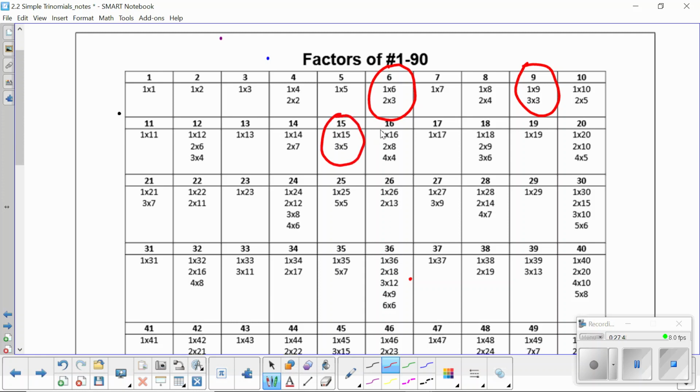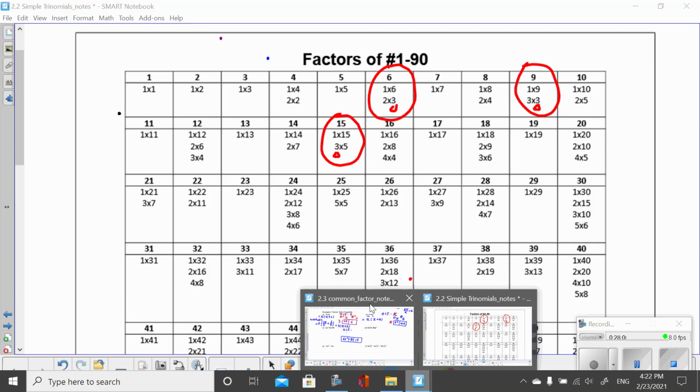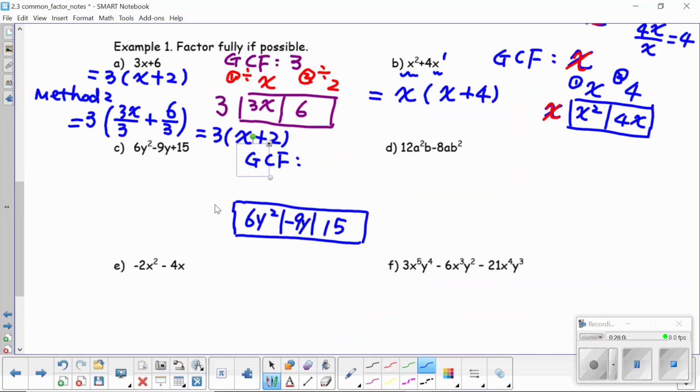Now we are going to see what the greatest common number is. 1, 6, 2, 3; 1, 9, 3, 3; 1, 15, 3, 5. So the common will be 3. Then the greatest common factor will be 3. So we go back. Then we know that the greatest common number is 3.